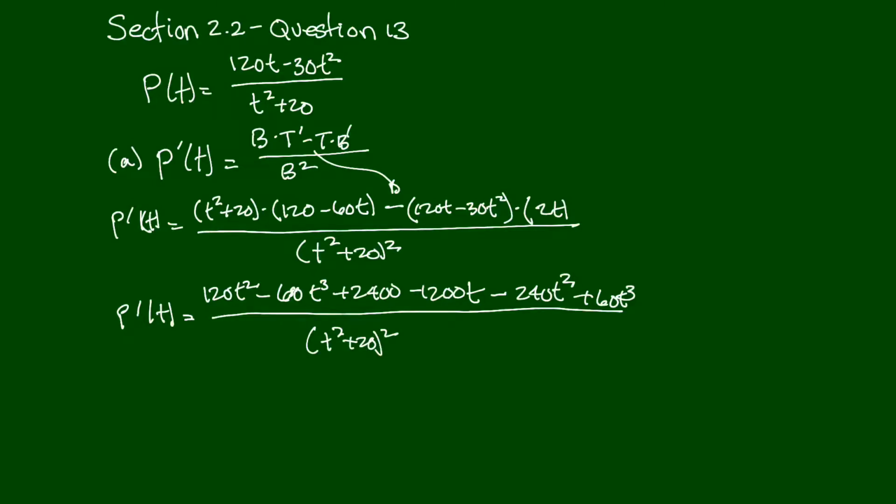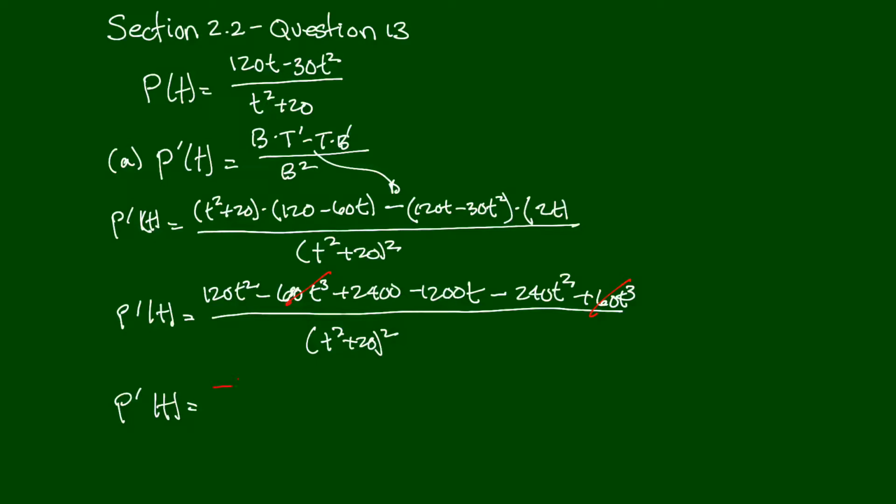Let's see what we've got up here in the top now. All right, so P prime of t, our marginal, is, let's do our cubics first. I've got cubes here, negative 60 of them, and then I've got positive 60 over here. So those cubics are going to cancel. Now, what about the quadratics? I've got 120t squared here, and negative 240 over here. So negative 240 plus 120 is going to be negative 120t squared.